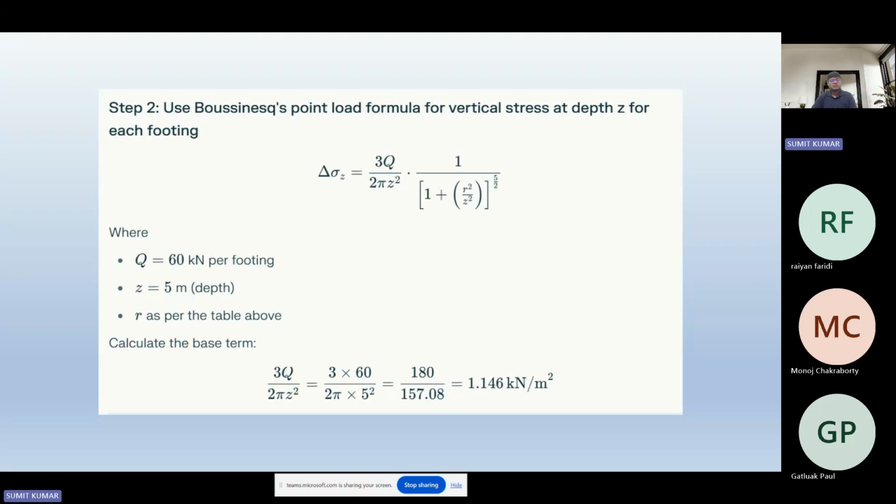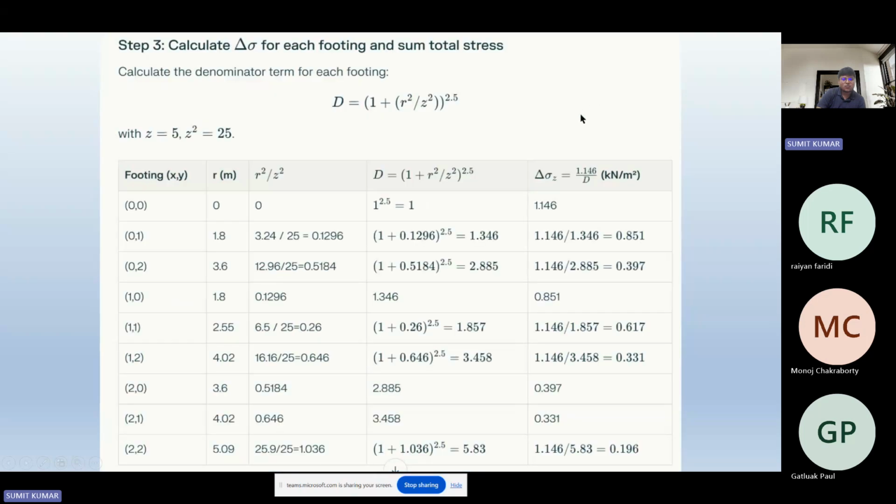So we could summarize 3q by 2 pi z square, which remains constant, as 1.146, and now we are going to calculate D, which may be mentioned as 1 by (1 plus R square by Z square) to the whole power 2.5. So the value of R square by Z square for 0 0 is this, and hence the value of D is calculated. So the value of delta sigma Z is calculated.